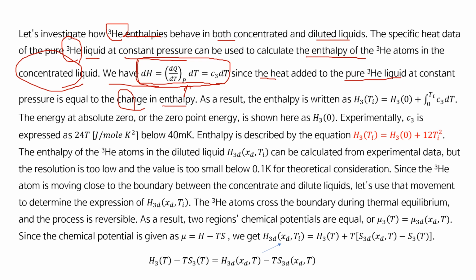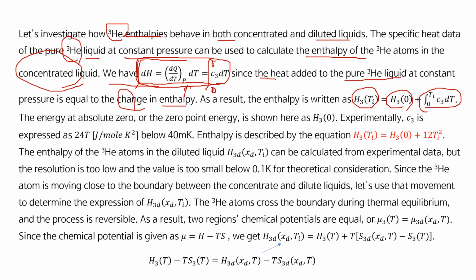As a result, the enthalpy is written as this. So if we integrate both sides, from 0 to Ti, we have A30 and this integral.